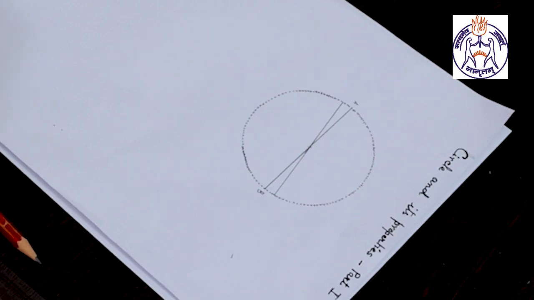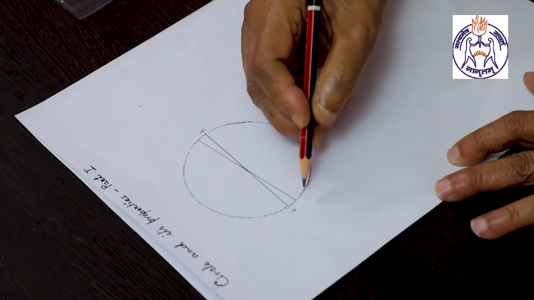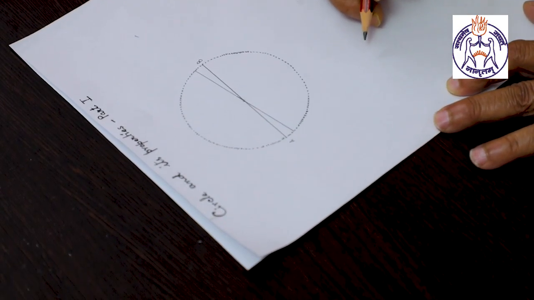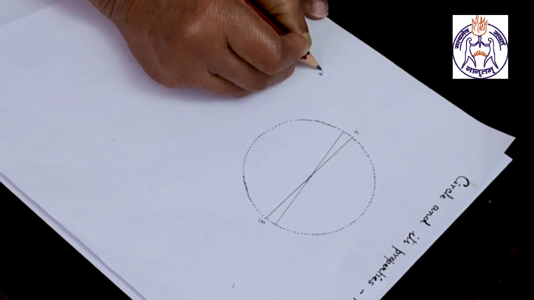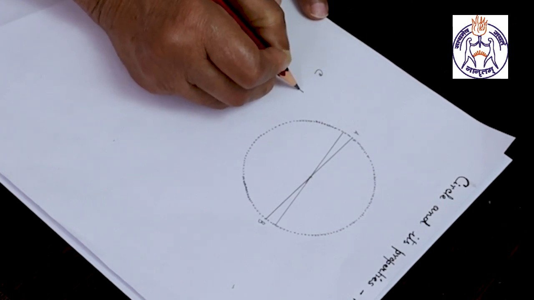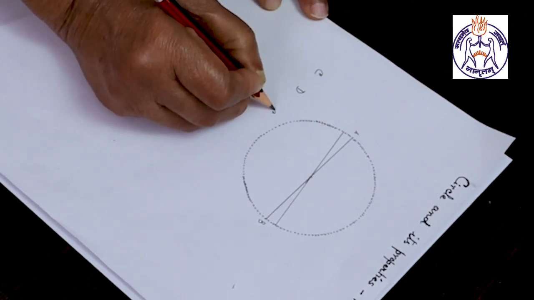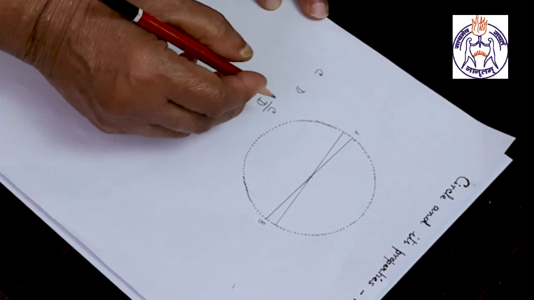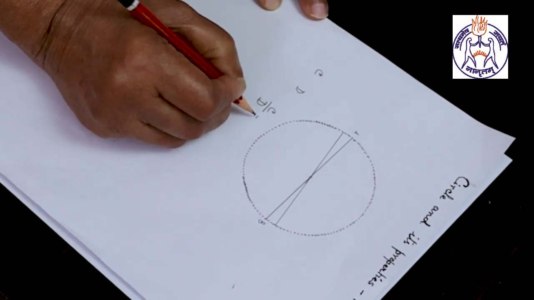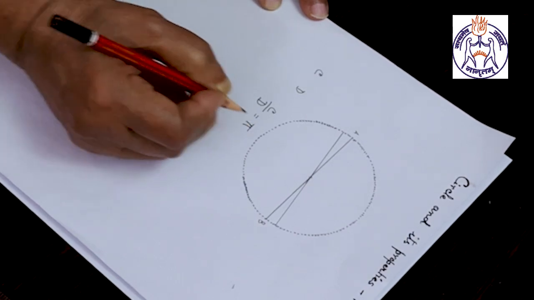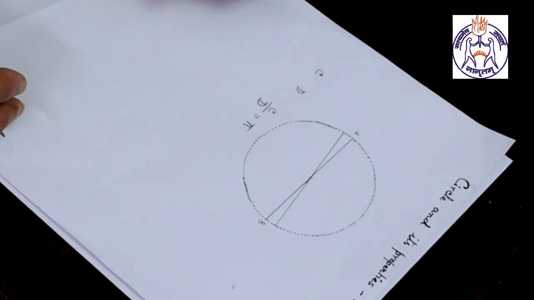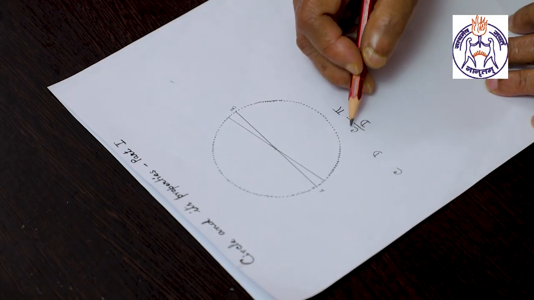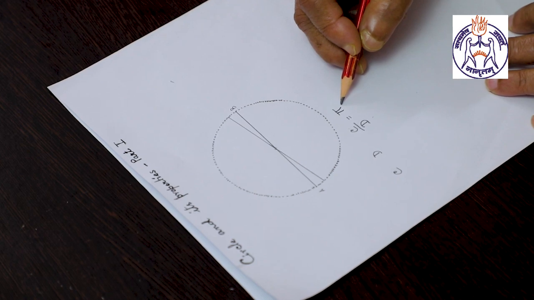Another unique property diameter has is its relation with the circumference. If we take circumference as C and diameter as D, then C by D for any circle has a unique relation, and it is always a constant that is denoted as pi. Be it a small circle like this or the largest circle that we can imagine, the circumference divided by the diameter will be a constant, that is pi.